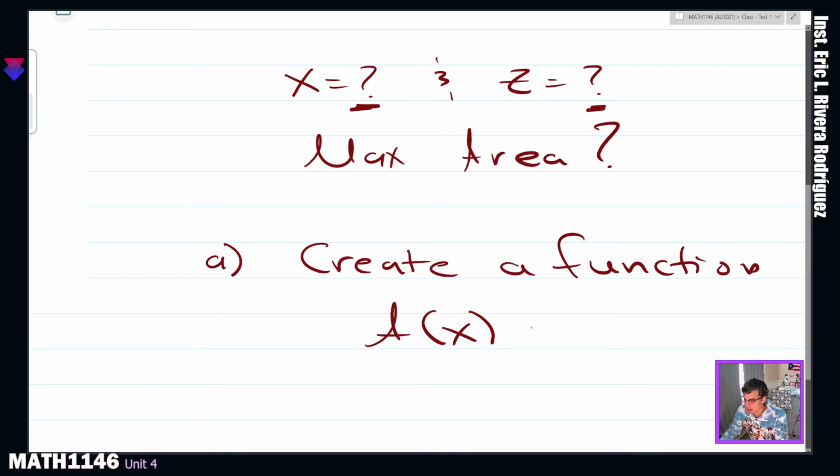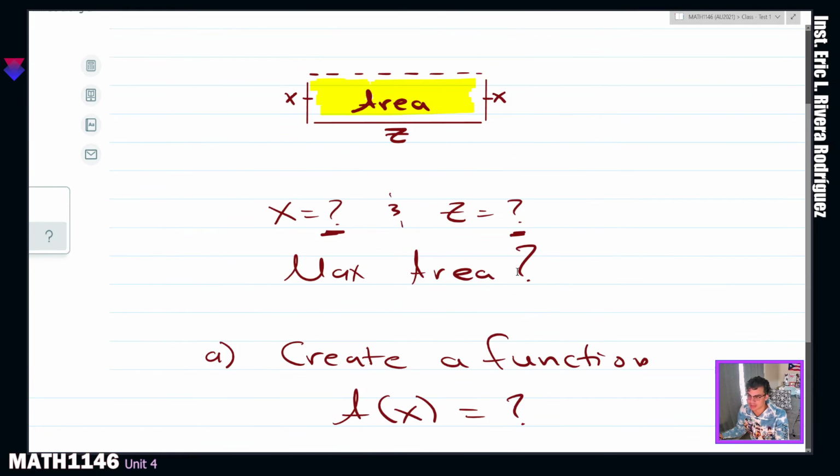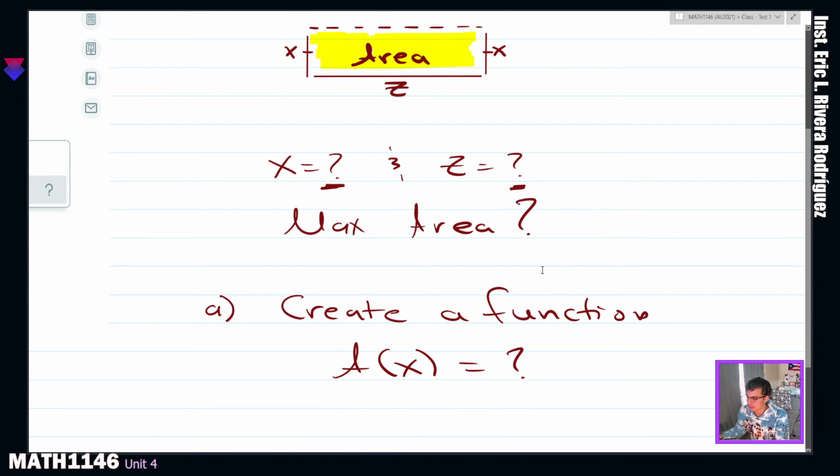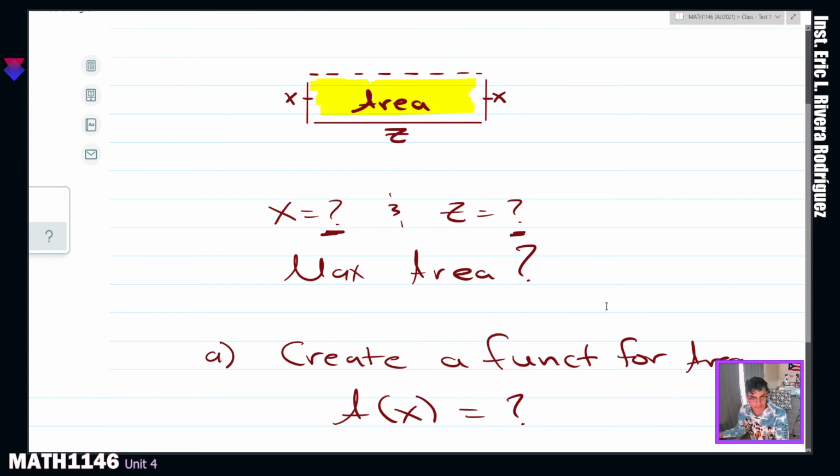Okay, so we are going to use A of x to represent that function, the function that represents the area. Create a function for area. So we're going to create a function that represents the area of that rectangle.